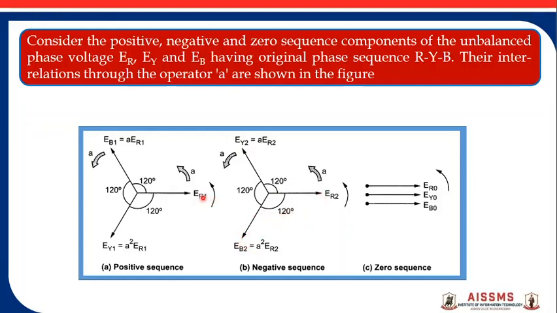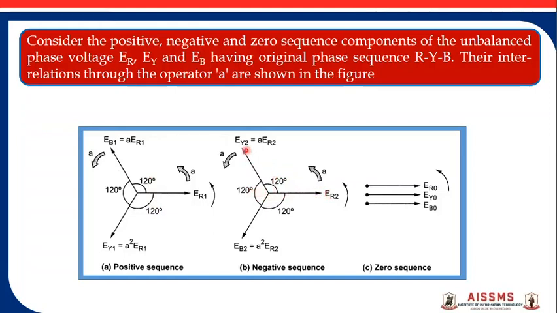The only difference between the positive and negative sequence components is the phase sequence. In the positive sequence component, the phase sequence is the same as the original phasors, and in the negative sequence component, the phase sequence is the reverse of the original phase sequence.